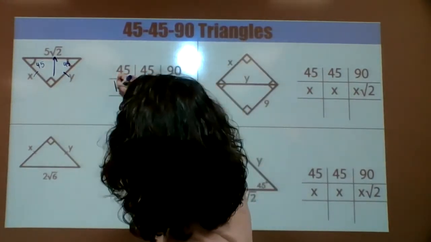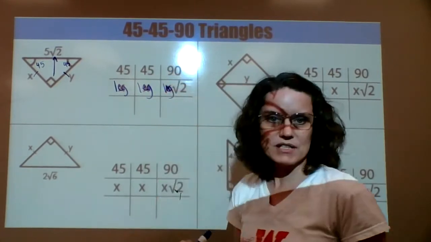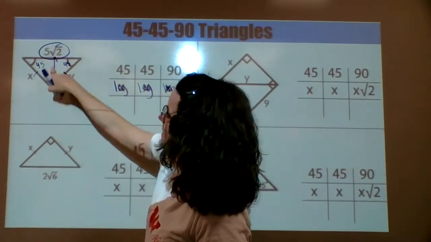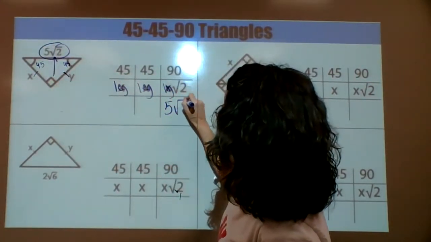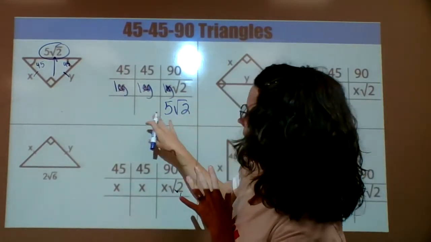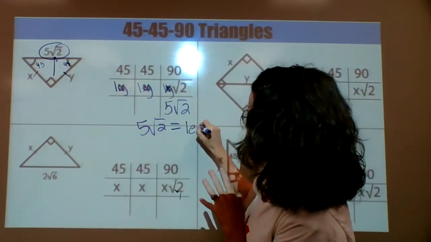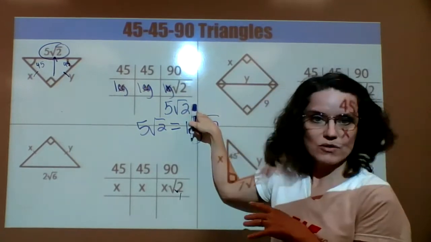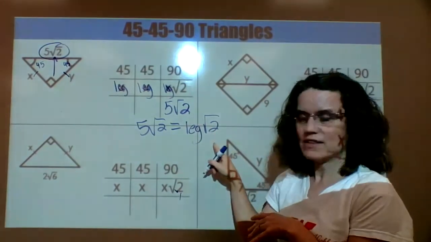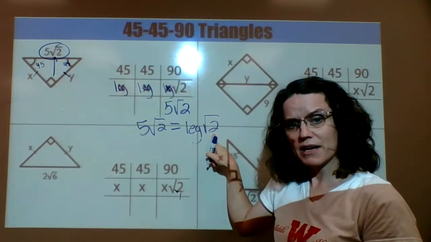So I'm going to say, okay, this is one leg, this is another leg, and this will be a leg times the square root of 2. I know that the side opposite my 90 degrees is 5 root 2. So I take this chart and say this 5 root 2 is equal to a leg times the square root of 2, because that's what it says in my chart. How can I find out what just a leg is by itself? It's multiplied by the square root of 2.